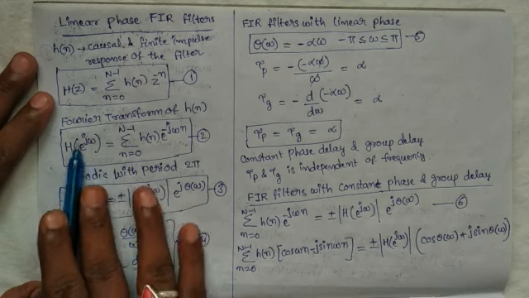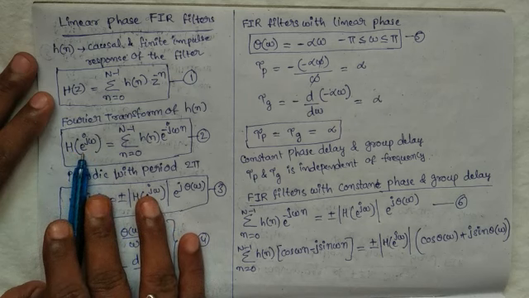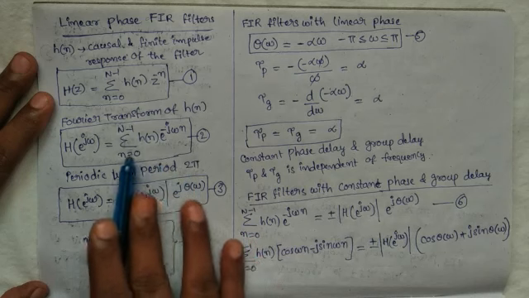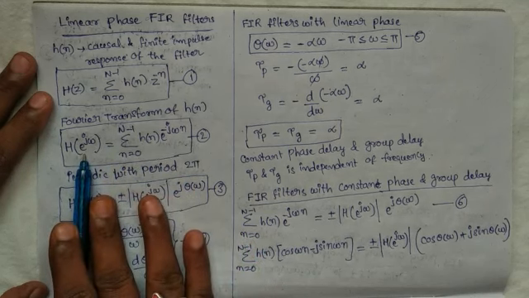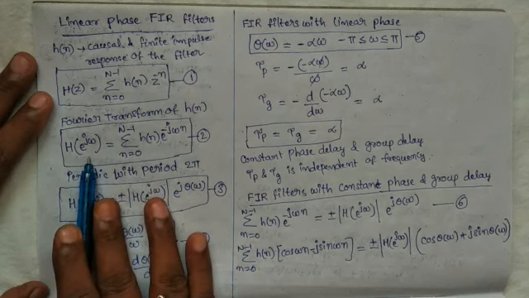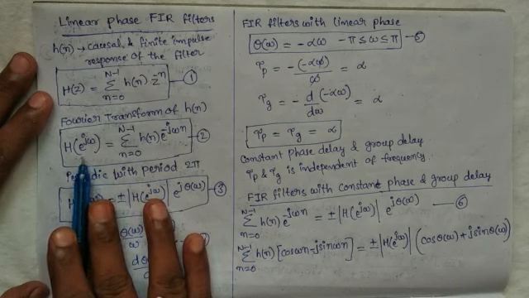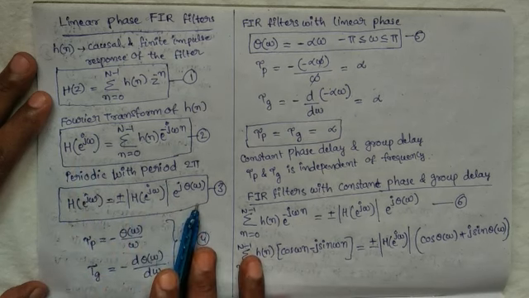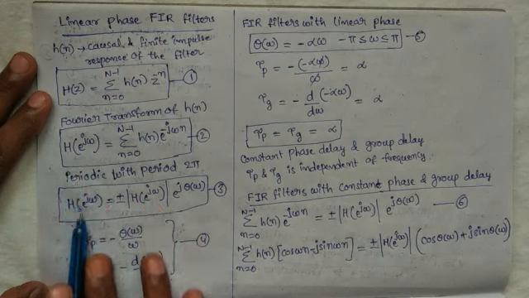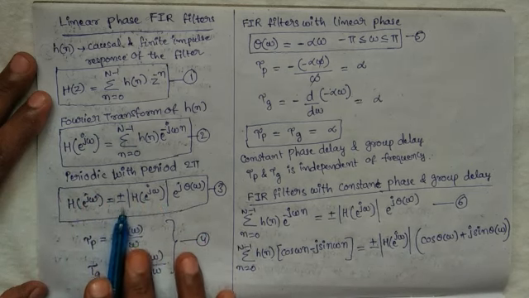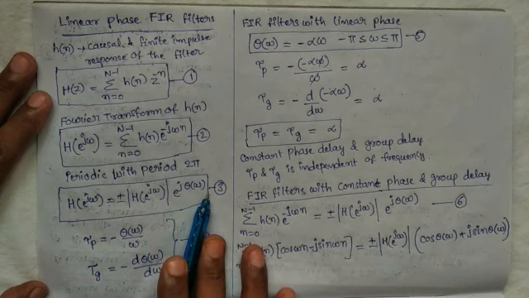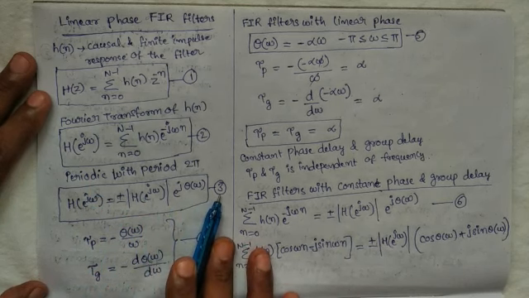It can also be expressed in terms of magnitude and phase angle: H(e power j omega) equals plus or minus the magnitude of H(e power j omega) times e power j theta of omega. This is equation 3.